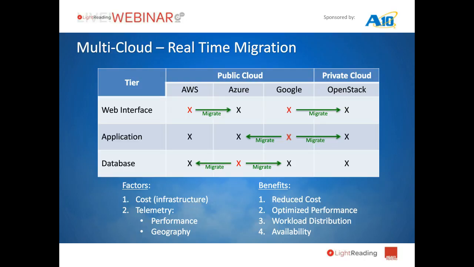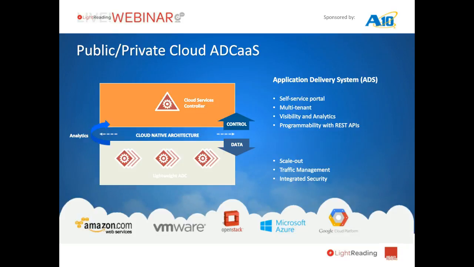All right. So let's move on, and we have this concept now. We talked about on-premise and the public and private clouds. Now we have this concept of ADC as a service. As we looked at some of these use cases and why organizations are moving applications and services to the cloud, the ability for the virtual ADC to spin up and down quickly and provide secure, elastic delivery of applications is critical.